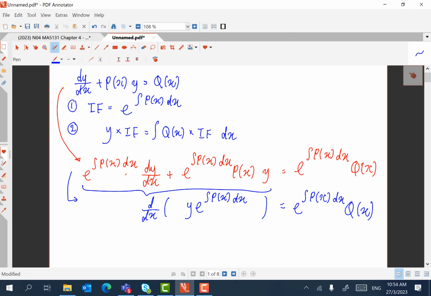If you do agree, then you will get that statement I wrote down earlier: the function times the IF equals the integral of the IF times Q(x). This is the green statement that I was trying to advocate: once you get the IF, you immediately take y times the IF equals to this.